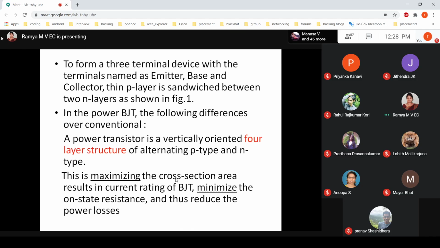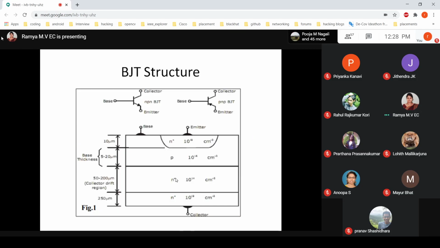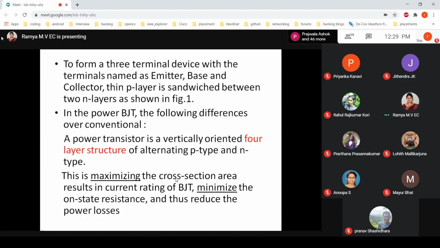When compared with the normal conventional transistor or BJT, the doping structure is different. In the power BJT, the following are the differences over the conventional one.